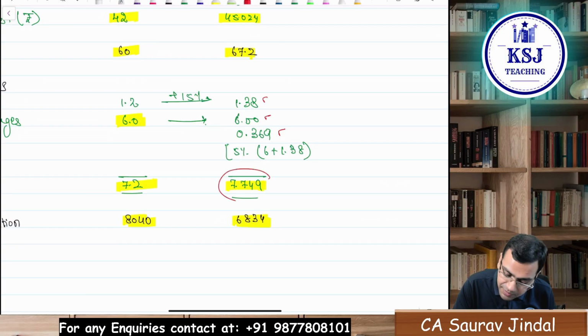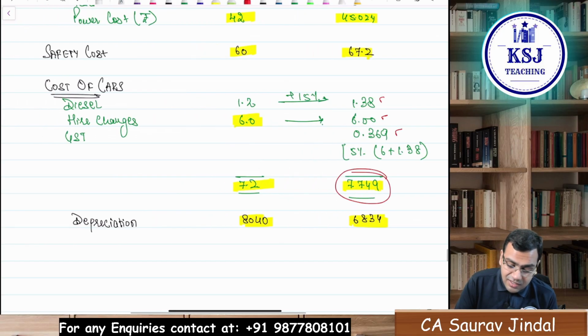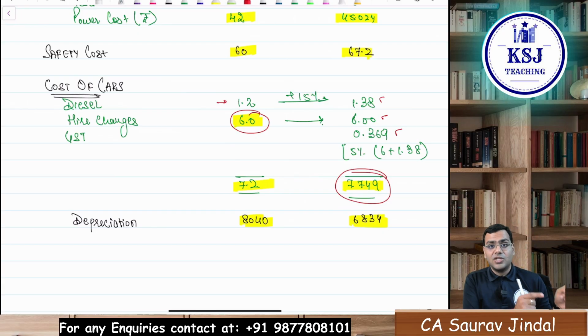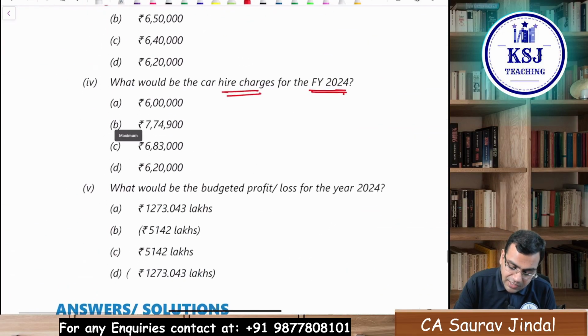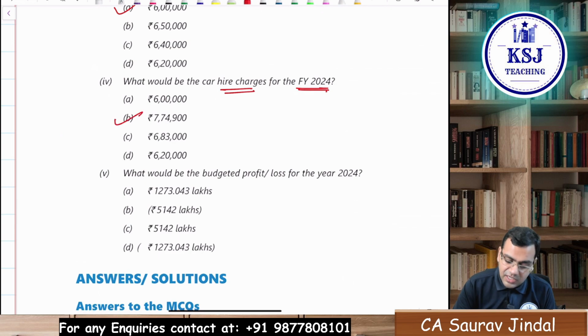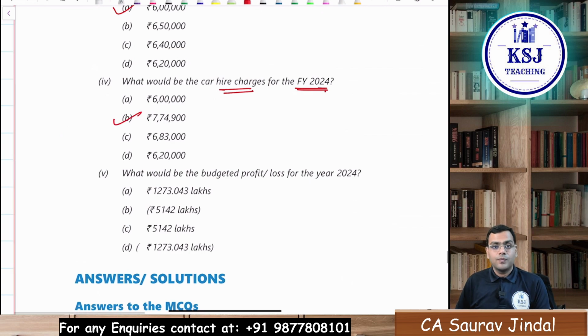So this will be the total cost of hiring in the financial year 2024. In 23, the charges were 6 only because 1.2 was not paid to that hire company. 1.2 was directly the diesel was filled in the car straight away. Clear? So you have to understand the interpretation very carefully. So here the option will be option 2.